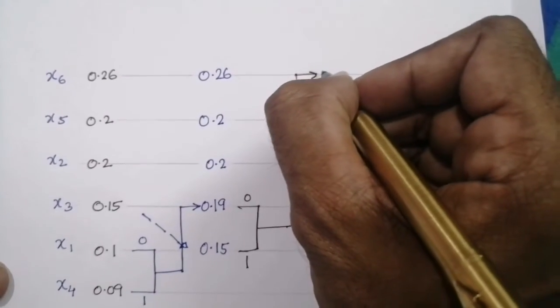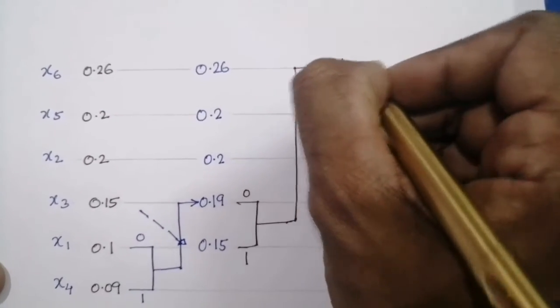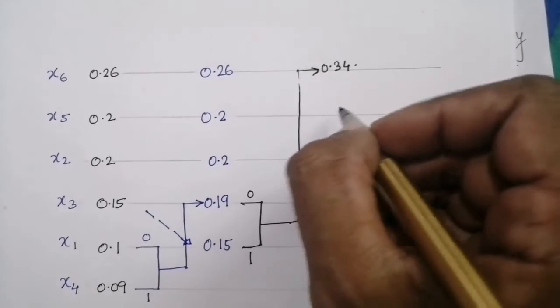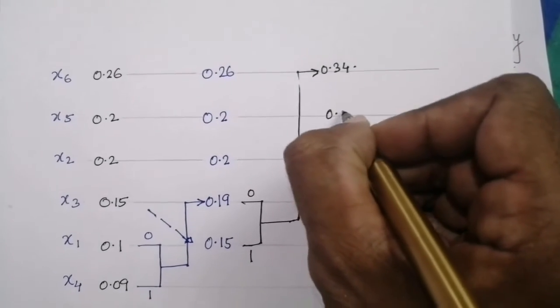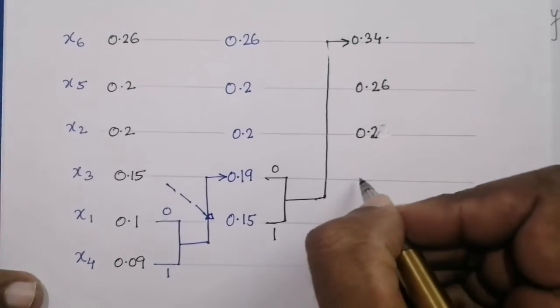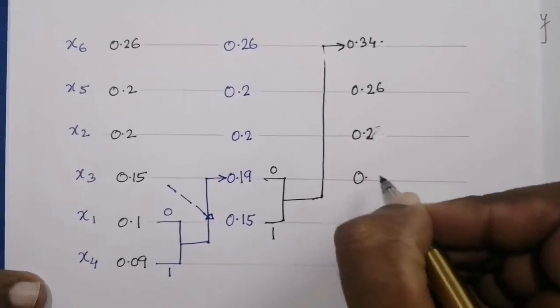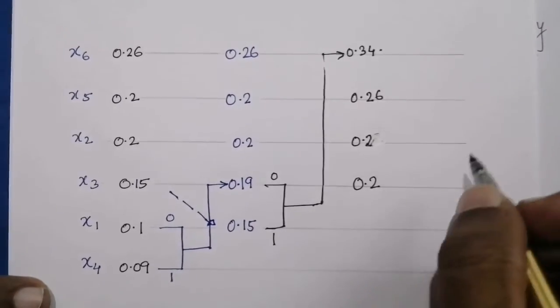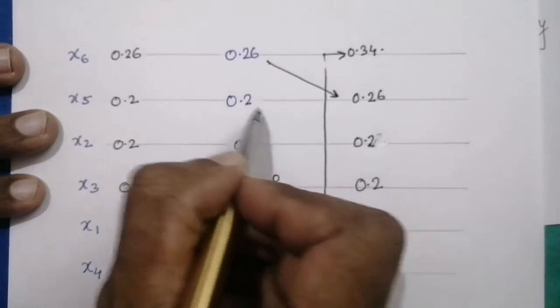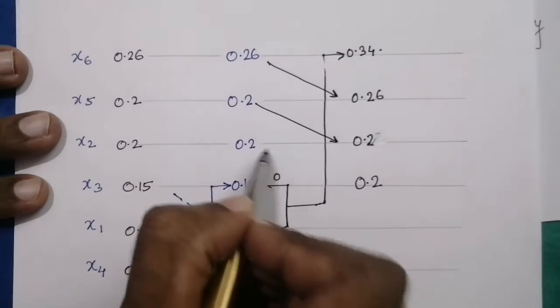So the new symbol probability is 0.34. Now we will rearrange the other symbols like this. This is the position of x6, and this is the position of x2 with probability 0.2. So now we will draw like this because we are stepping one position down.